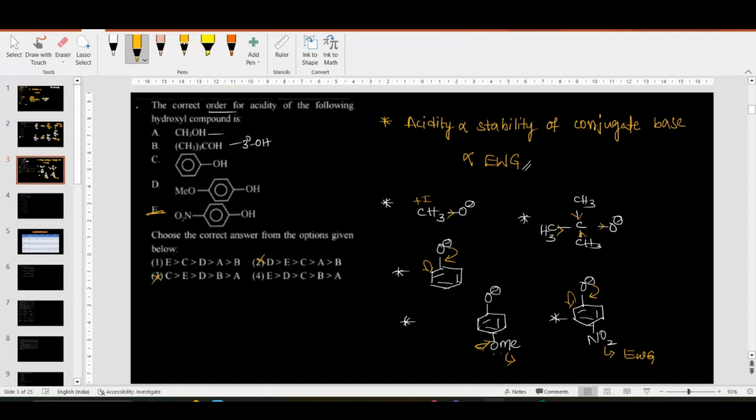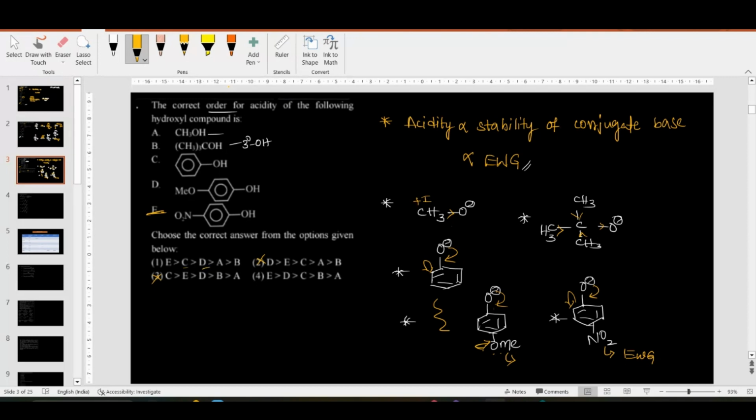But here the resonance is not that effective with this oxygen. So if you compare these two, phenol is more acidic than this one. So we will get E then C, and then D.